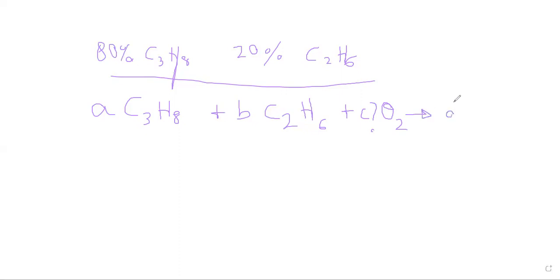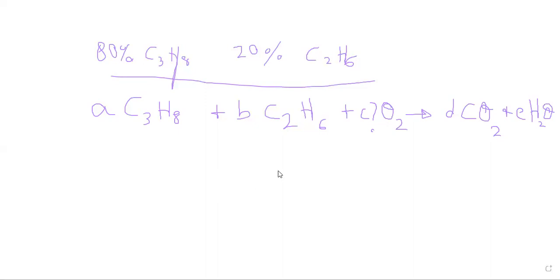Let's say I have D molecules of CO2 plus E molecules of H2O. So this is the first way of thinking. Let me find the coefficients D, E, and C as a function of A and B. If I know the number of molecules of A and of B, I should be able to determine C, D, E as a function of them.